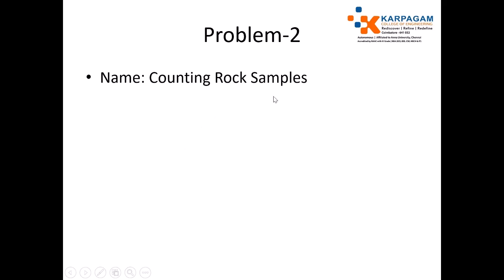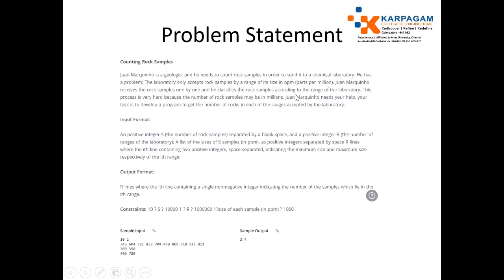Read the second problem. The problem name is counting rock samples. Read the problem statement. Joan Markinho is a geologist and he needs to count rock samples in order to send it to a chemical laboratory. He has a problem. The laboratory only accepts rock samples by a range of its size in ppm, that is parts per million.